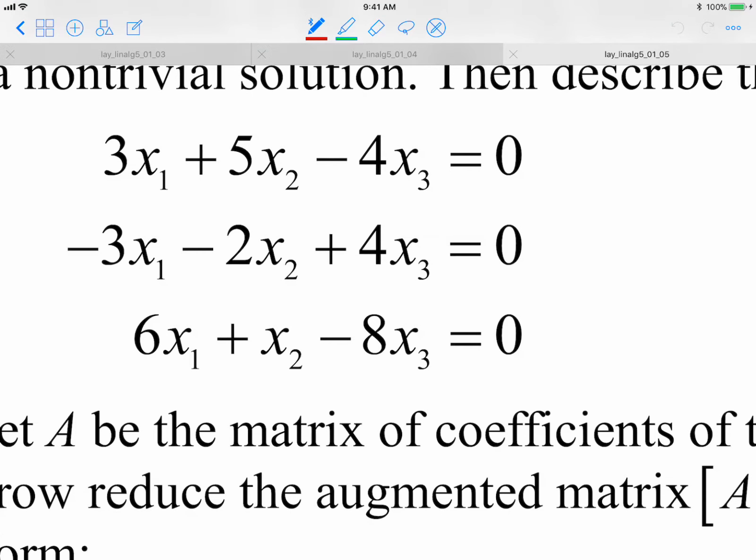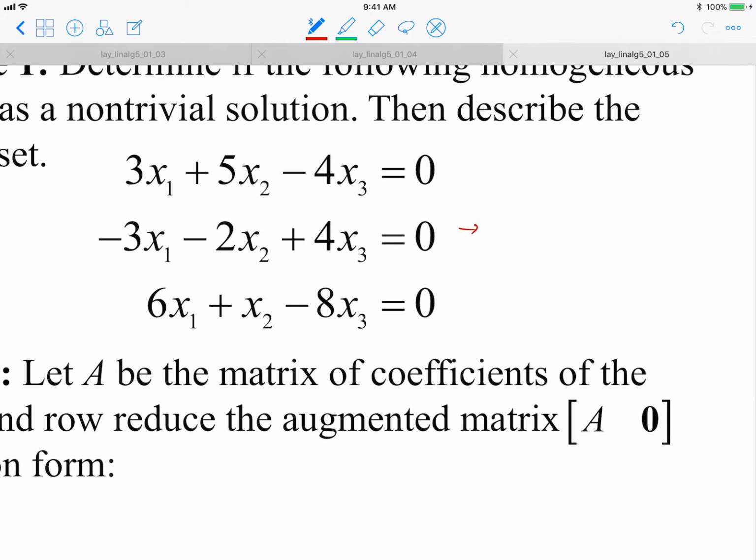So this is the example shown in the next chapter, but let's just consider this example. In this case, what would be our augmented matrix?